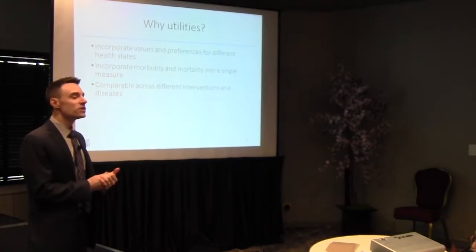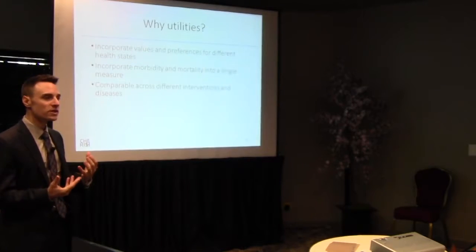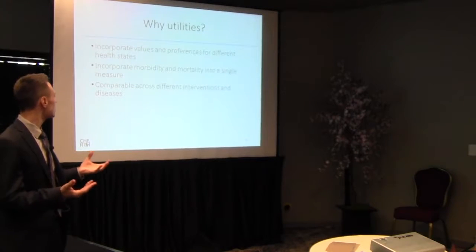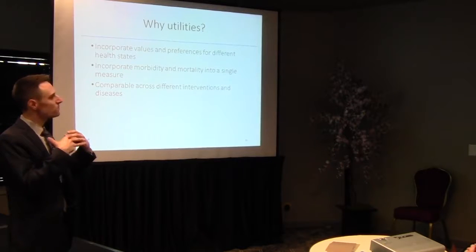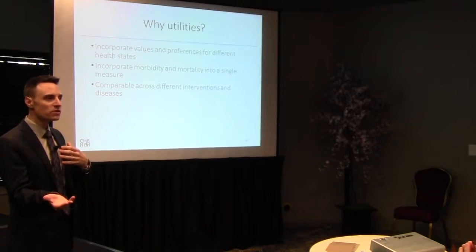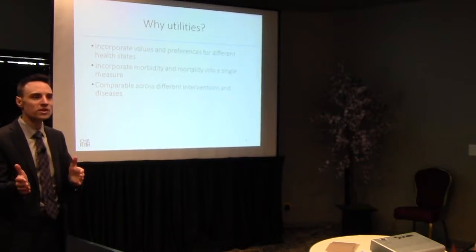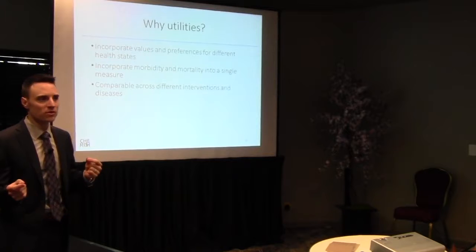Well, first of all, with utilities, we're incorporating values and preferences for different health states, right? And we know that the two are related. We have all these different health states, and basically the more we prefer one health state to another, the more valuable it is. And so we have, let's say, these 243 different health states. One thing that we know is that you're going to feel one way or another about them, right?